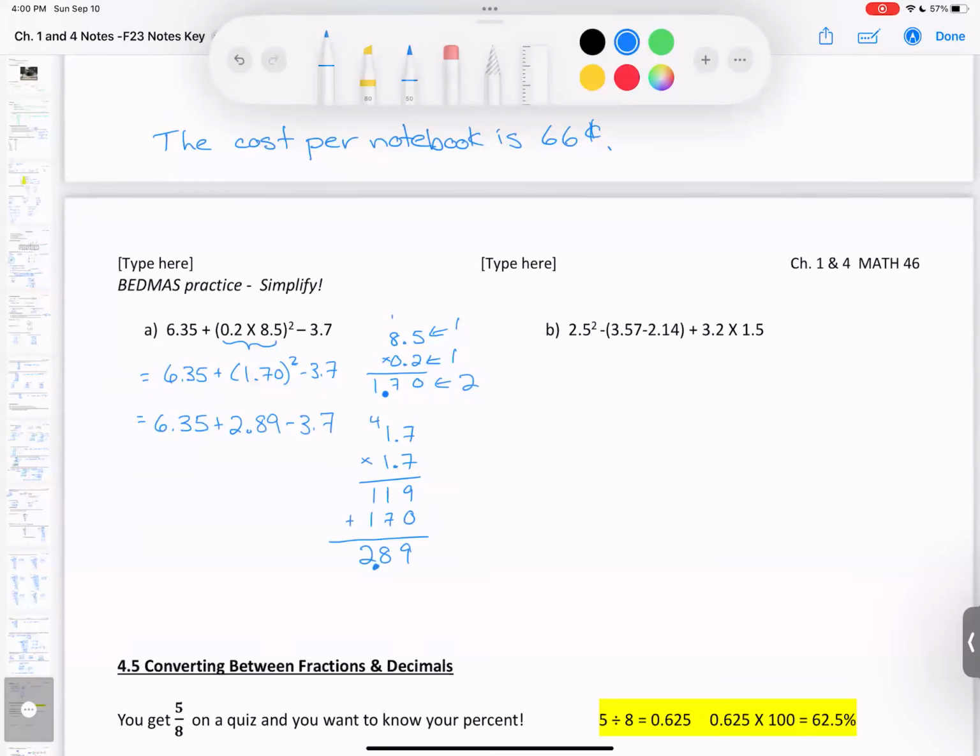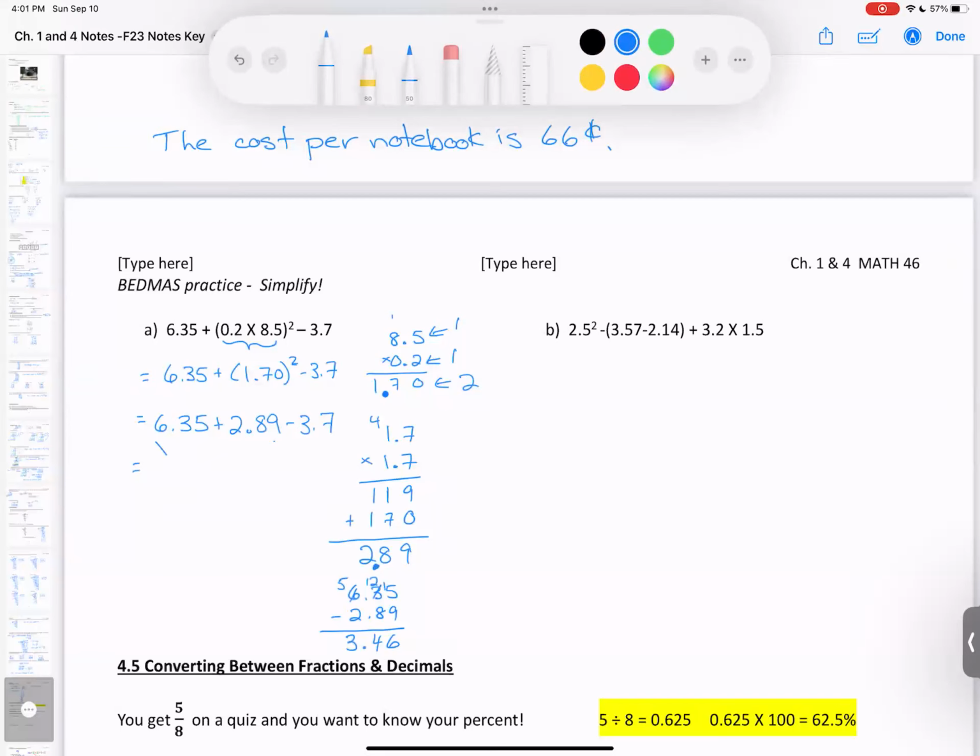Okay, now we've dealt with our exponents. There's no multiplication and division, so our next step is to do addition and subtraction left to right. So that means I'm going to start with 6 and 35 hundredths minus 2 and 89 hundredths. And what do we get here? 3.46.